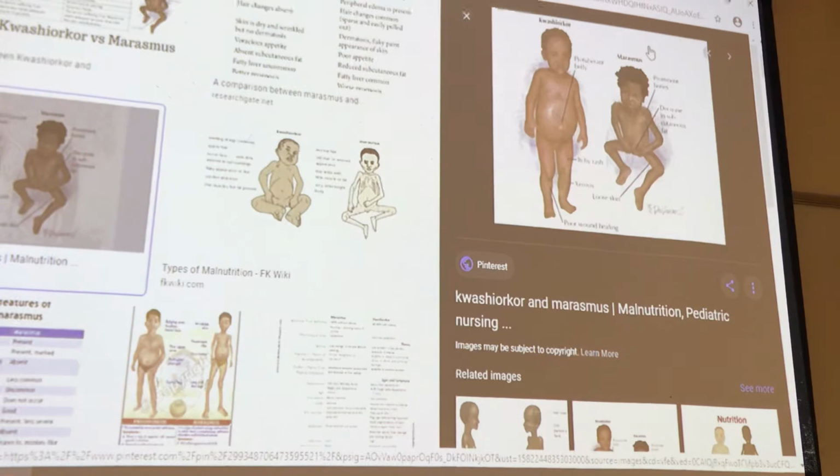With Kwashiorkor, the babies, the kids usually have enough calories, but because they're not eating enough protein, they don't have enough amino acids, and the liver can't make the albumins, right? You need the amino acids from diet to make all the albumins. And when you don't have enough of those amino acids, then you have Kwashiorkor.